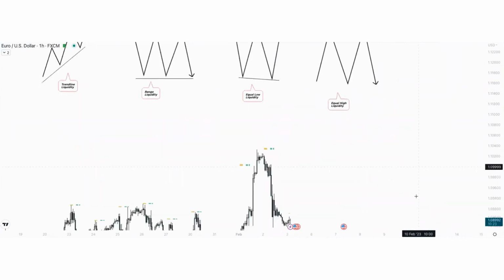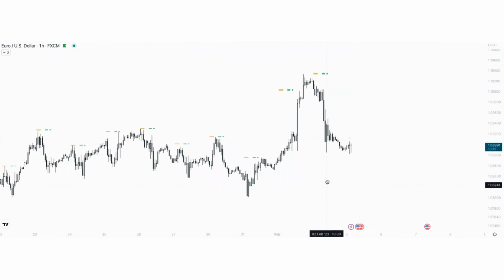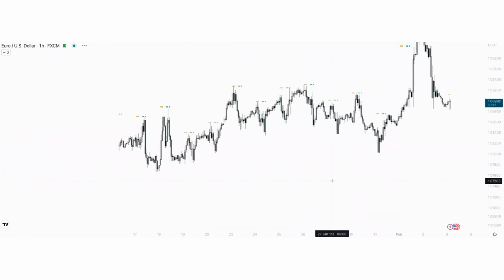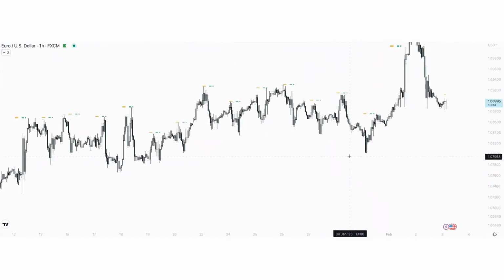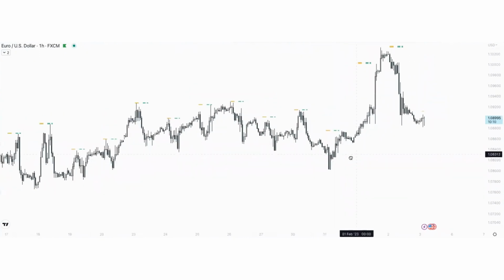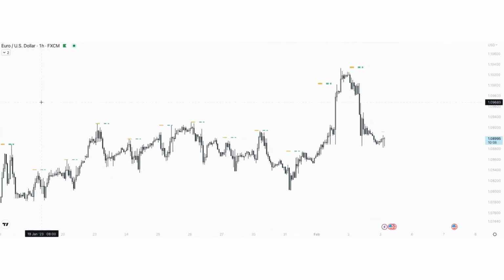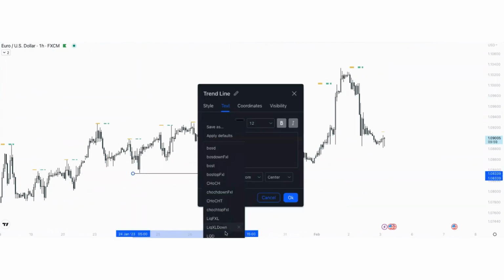So let's go to our chart. Okay, I see. We can use this as an example. As you can see here, the price is in the lower equal low, right?